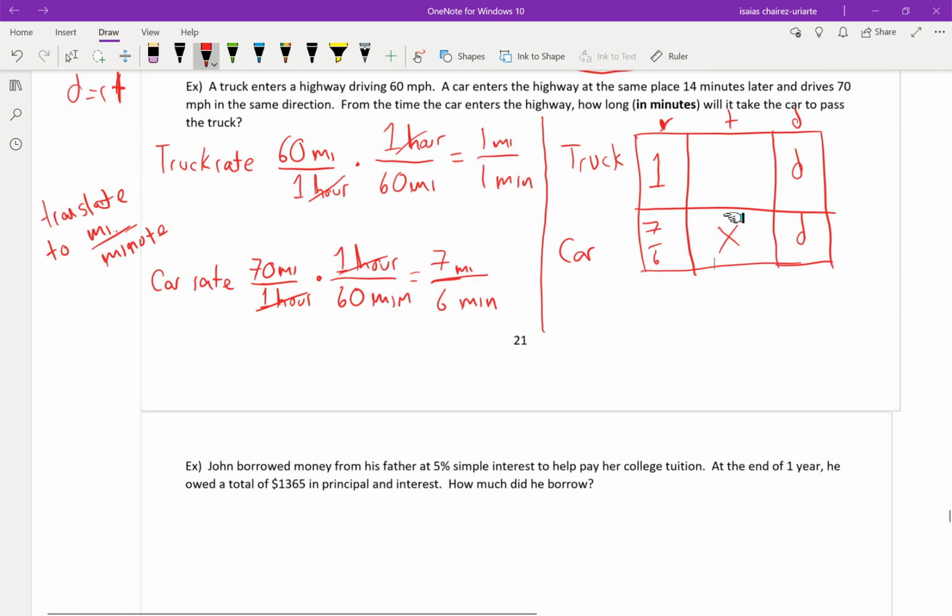I'm going to call it X. How long does it take for the distance that the car traveled to be equal to the distance that the truck traveled? That's another way of saying the same thing. If this time is X, and remember, the car entered the highway 14 minutes later than the truck, then this up here should be X minus 14.